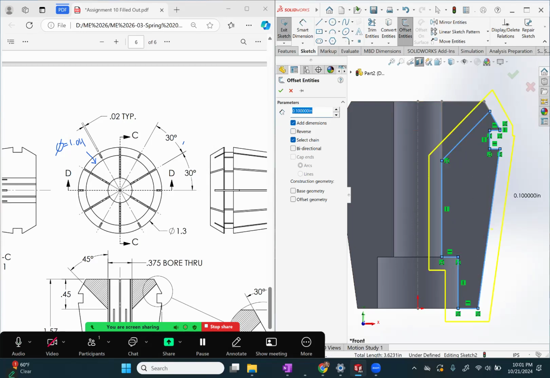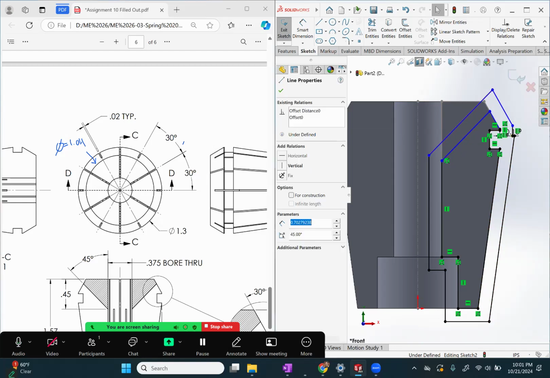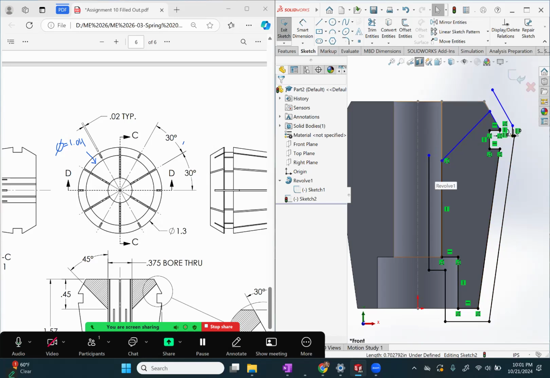Okay. It doesn't matter the distance. The important part is that I create lines that extend to the outside boundaries past this body here. The only line I don't want to change is this angled line. I want to make sure that cut is right where it's at. So I don't need this offset version of it. This is my only original line that I'm keeping.